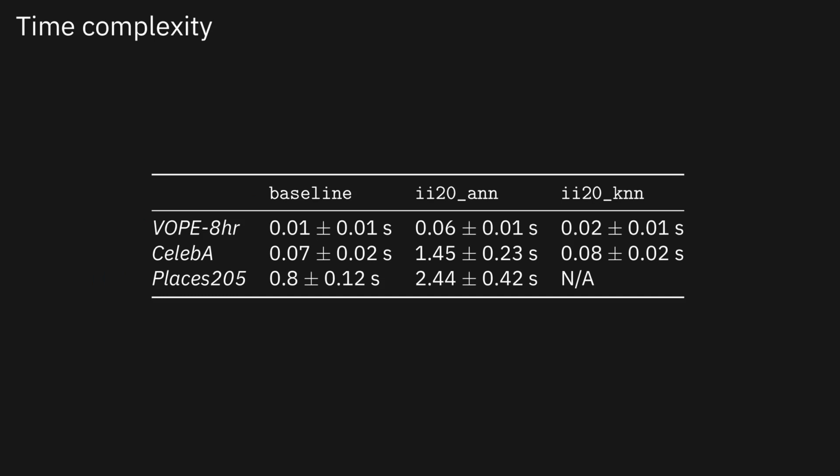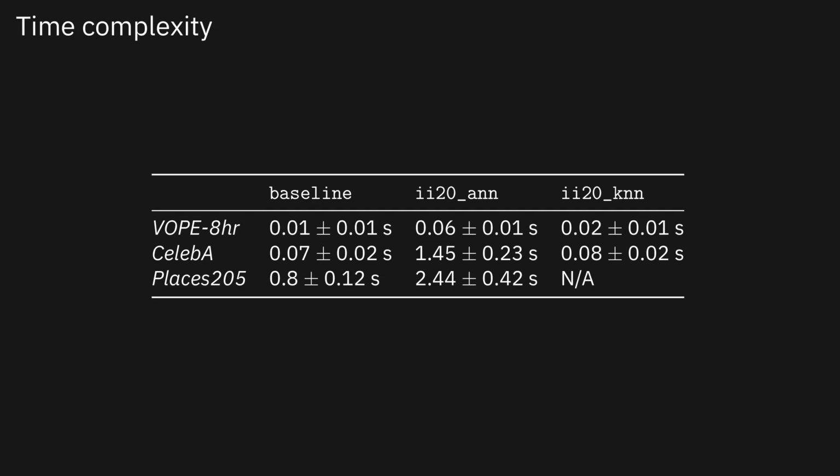Finally, a word on time complexity. We have averaged the interaction round times across all data sets. This data set is roughly 10K images, Celeba is roughly 200K images, and Places 205 is a large 2.5 million images data set.